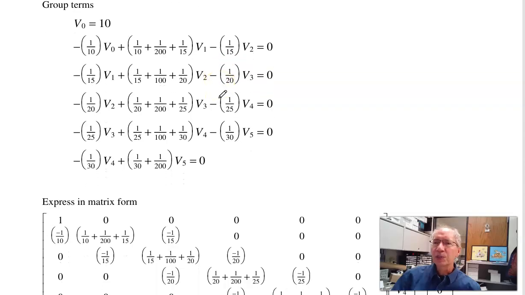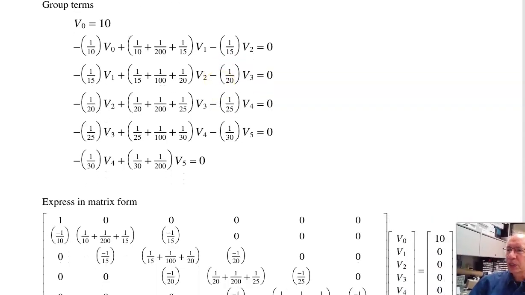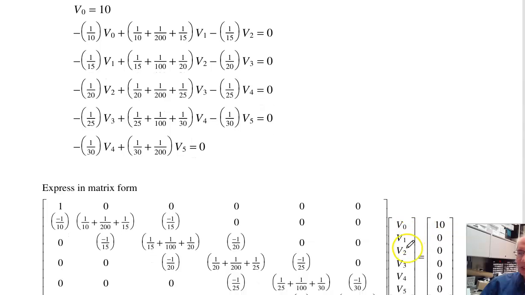To solve, put in matrix form. What I like doing is, if I write this as V0 through V5, order doesn't actually matter, just have to be consistent. If I go V0 through V5, I'll put reminders. The first column is times V0, this is times V1, times V2, 3, 4, and 5. So the first equation, V0 equals 10, so it's 1 times V0 is 10.